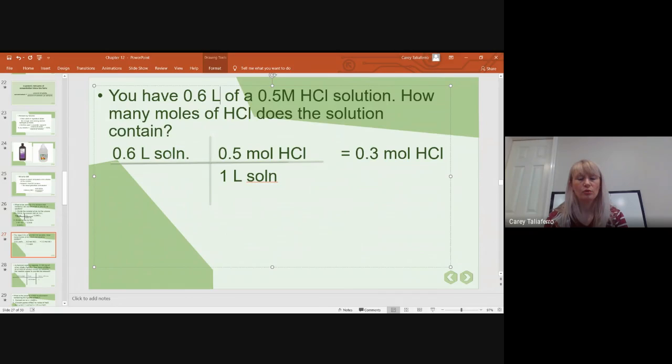So now, because we know that the molarity is 0.5 moles per liter, that's the definition of molarity, 0.5 moles per liter of solution, we can multiply by our volume, and that will tell us how many moles of HCl we have. So in this particular case, with this concentration and this volume, we have 0.3 moles of hydrochloric acid. Okay.